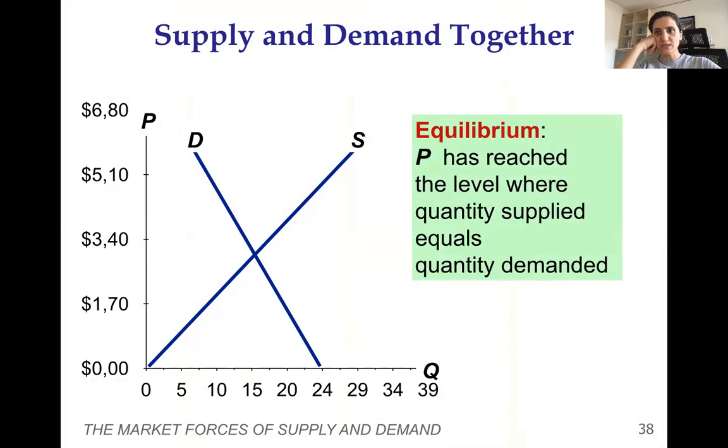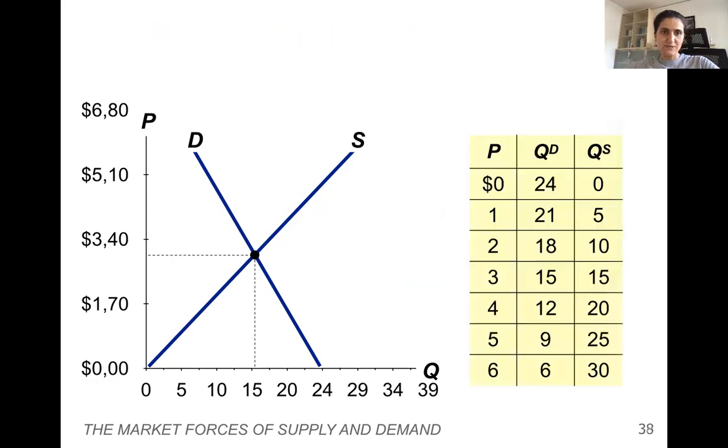Price and quantity. So when we are talking about equilibrium, you're going to have two things: equilibrium price and equilibrium quantity. The price has reached the level where quantity supplied equals quantity demanded. This is where supply and demand intersect. So this is the equilibrium point.